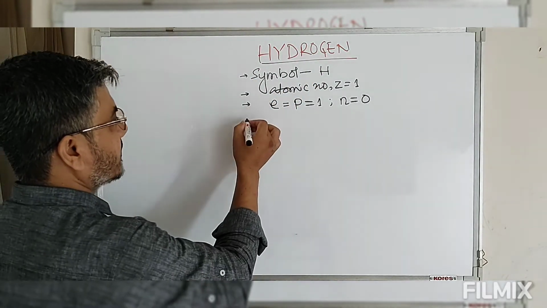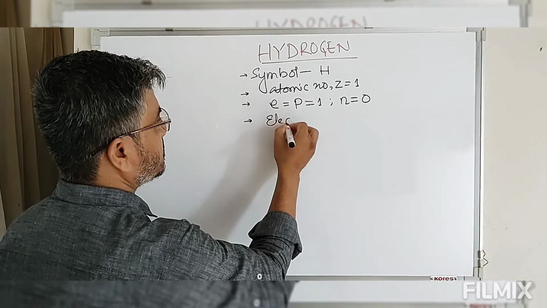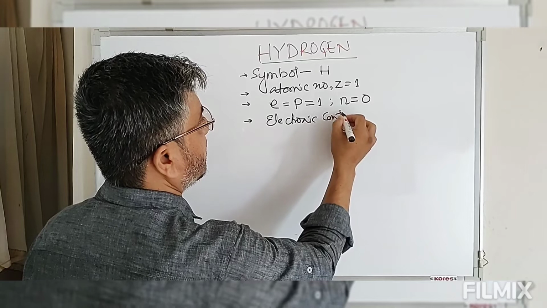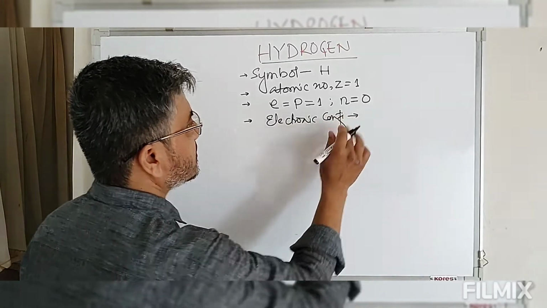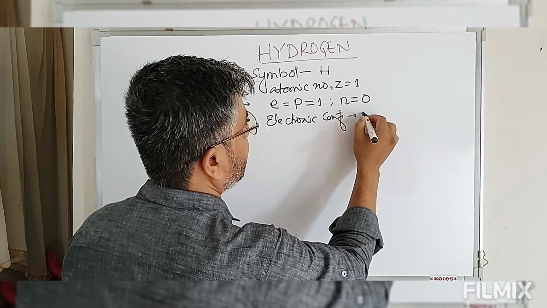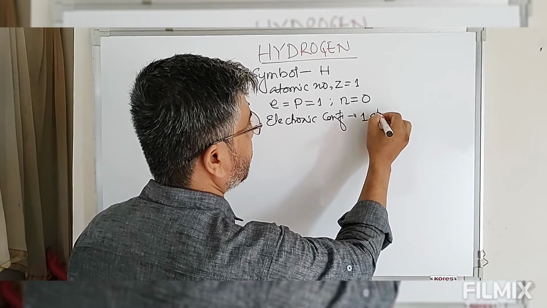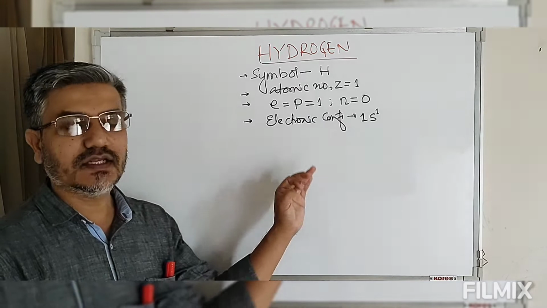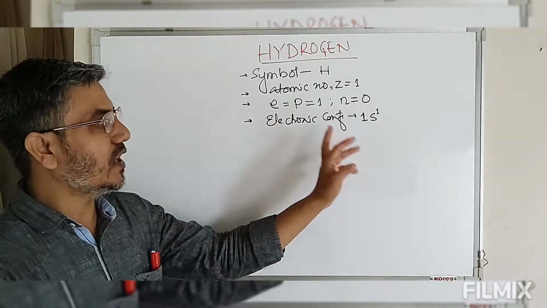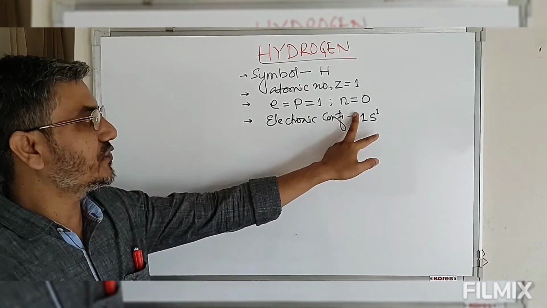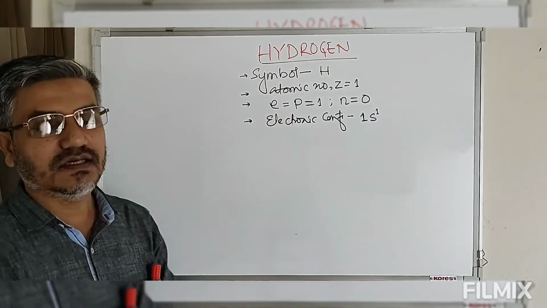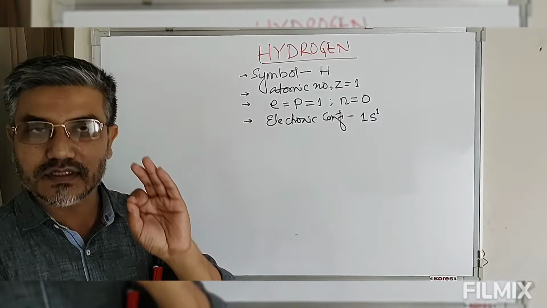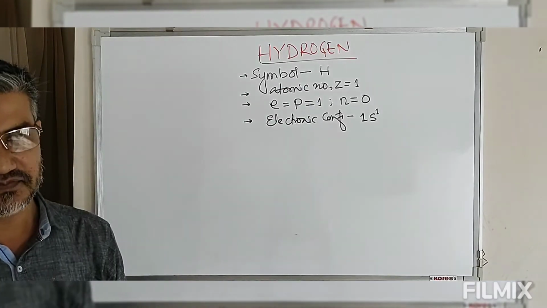Its electronic configuration is 1s1. So we have one electron in the first shell s orbital. So 1s1 is the electronic configuration of this hydrogen atom, having one electron and no neutrons in it.